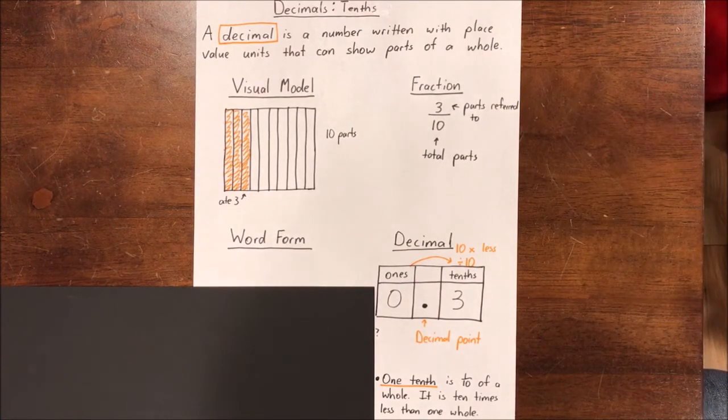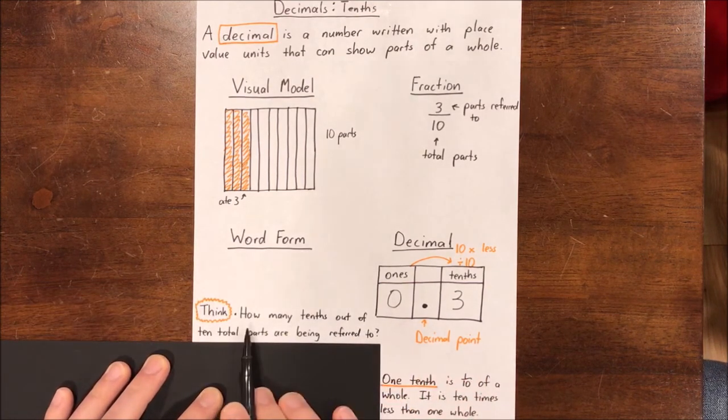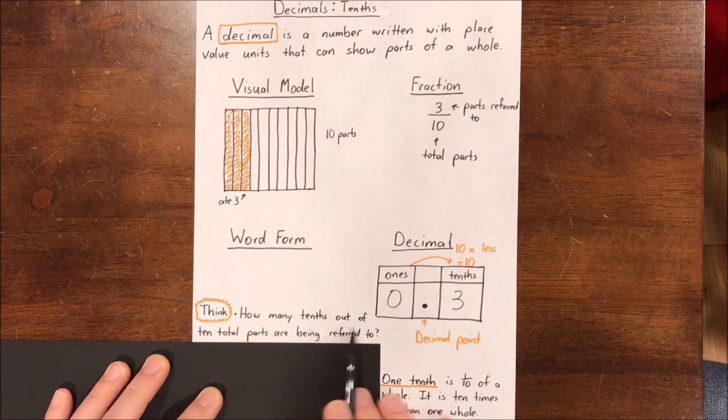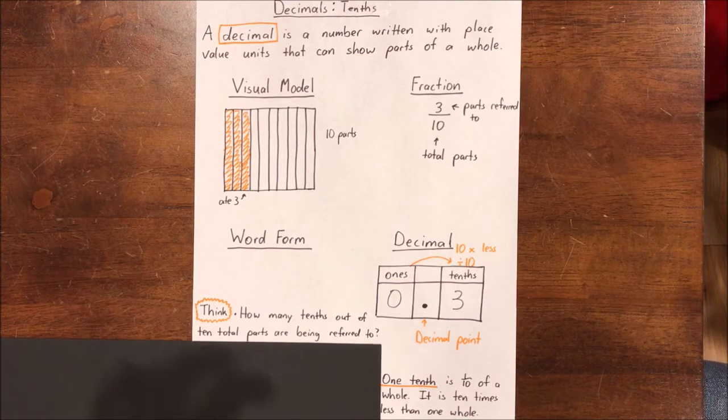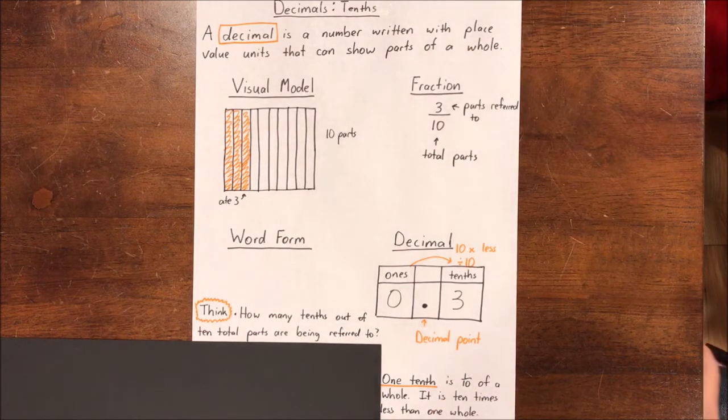So we know how many tenths we have by thinking about this thinking question. Read it with me. How many tenths out of 10 total parts are being referred to? How did you know that this actually was the tenths place? Say it out loud.